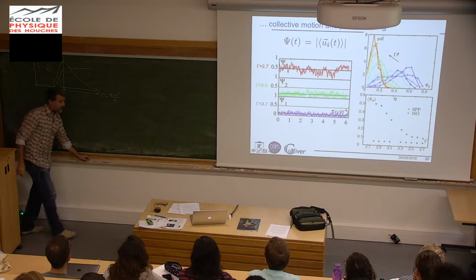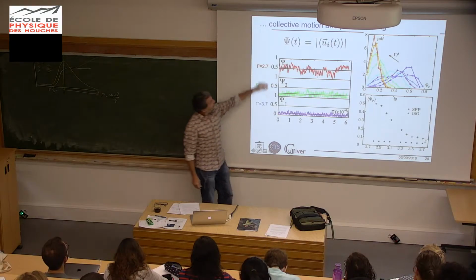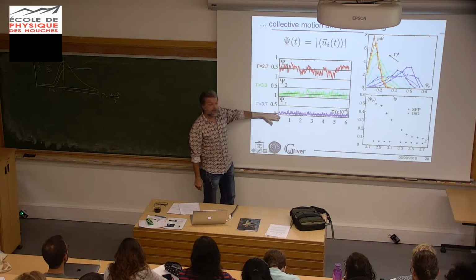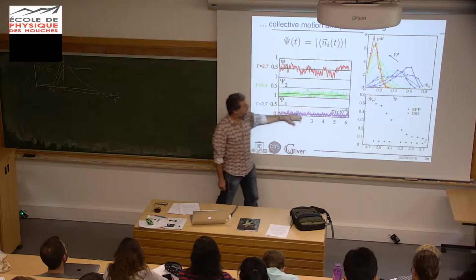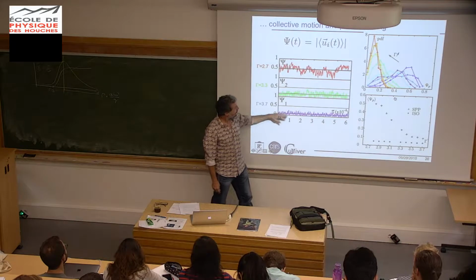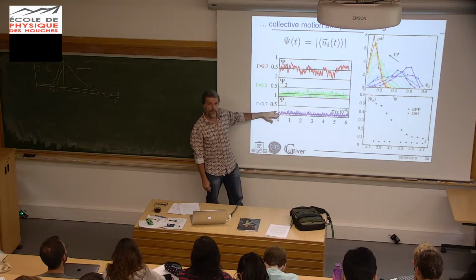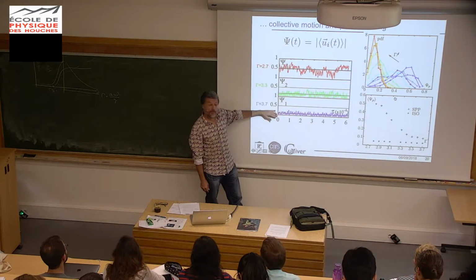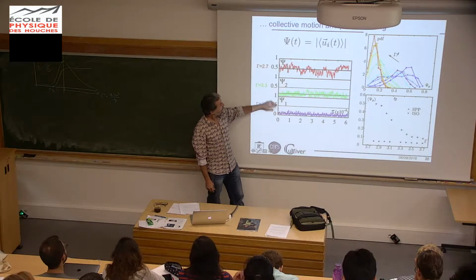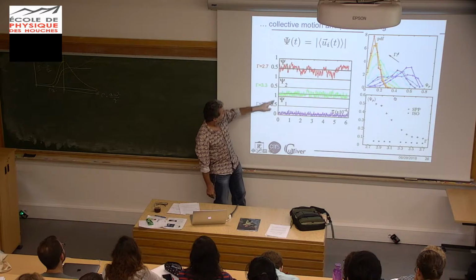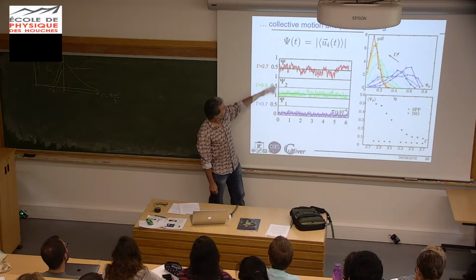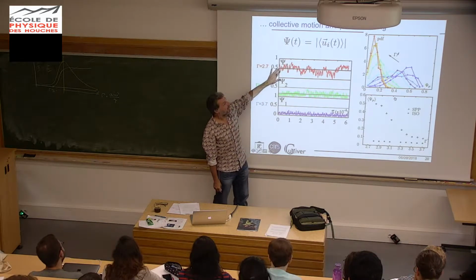So when you do that, here you are at large noise, and you have essentially 0 values. This is the temporal signal, with nice tiny fluctuations of the magnetization. Then when you decrease the noise amplitude, you see that the average value is growing. Here it's close to 0, here it's growing close to 0.2, and then here it reaches something like 0.5.